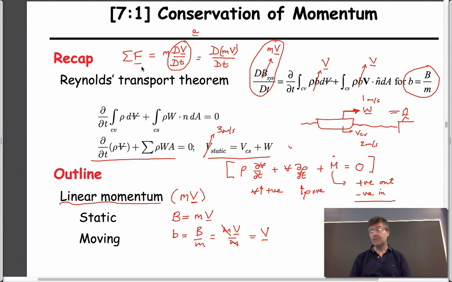And it's really just a substitution of a new quantity. This extensive quantity of momentum goes into here, and we end up with a new expression. But we shouldn't be wary of this.